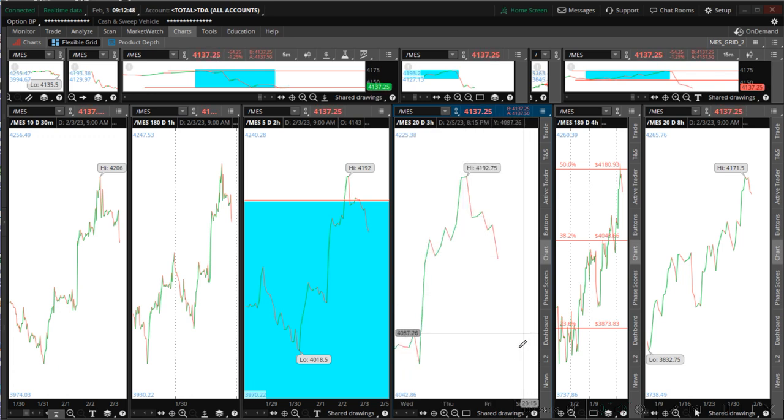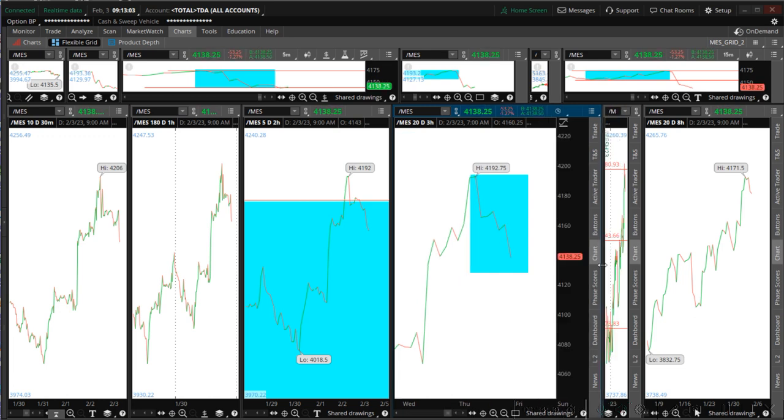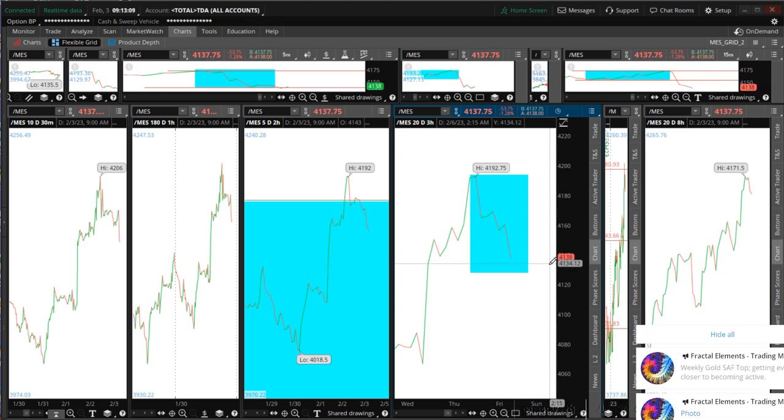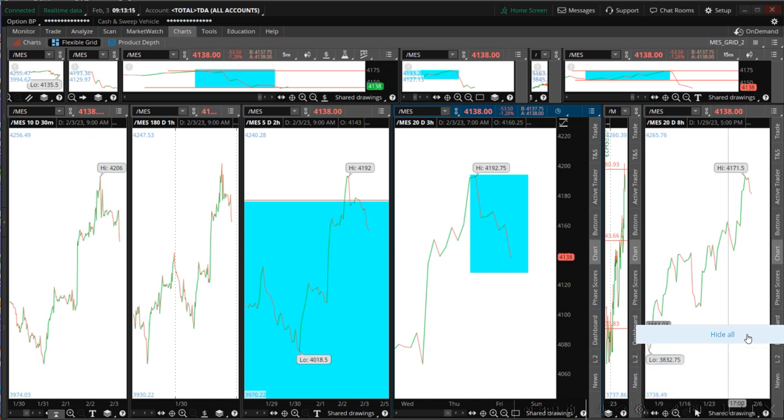Now on the 3 hour time frame, we have a fractal in progress. What that means is it looks like a standalone fractal, maybe a little bit lower here, maybe around 41.30 or so. Neil says he's looking at a top for gold.